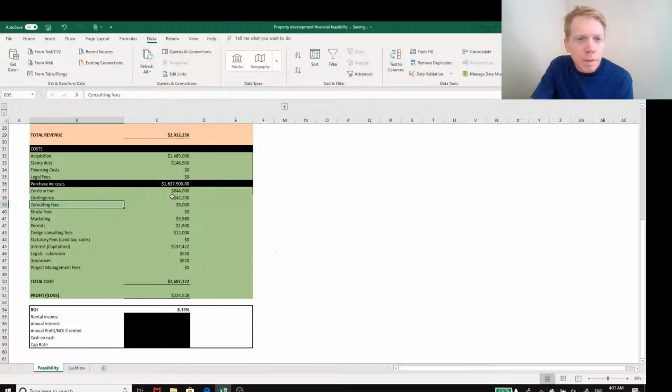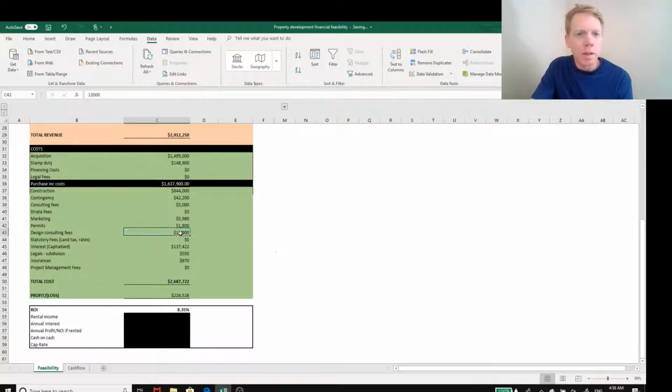I've got $5,000 of consulting fees, maybe a little bit light. Now there'll be marketing fees associated with selling the property. Because this is just a small project, the marketing fees shouldn't be too much. Got permits, that's either with the council or the city that need to be lodged.